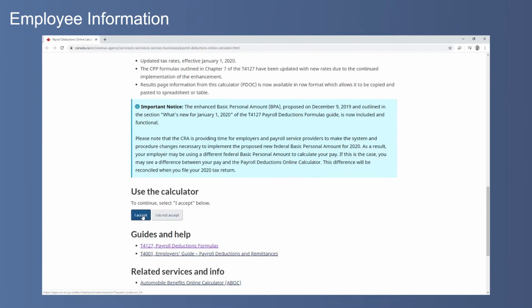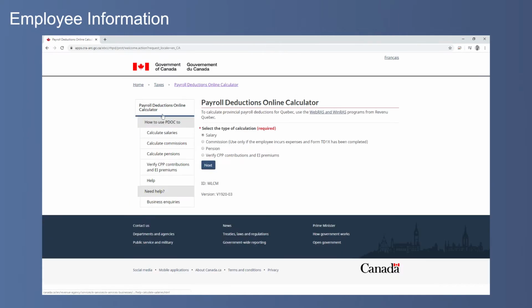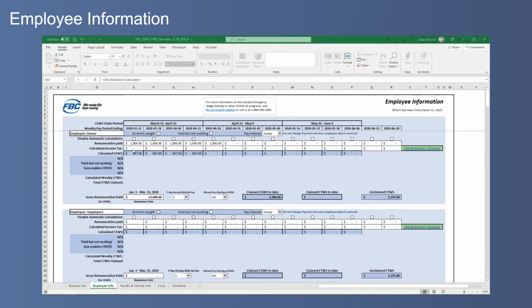We can scroll to the bottom and hit I accept. When you follow these steps, it's going to end up generating your income tax amount. It's very accurate. That's the amount we want to be using time and time again to input into our subsidy calculator. So once you get that, you can return back to this page. We're going to enter a figurative amount of 170 for this example and make that the same for each of these periods.